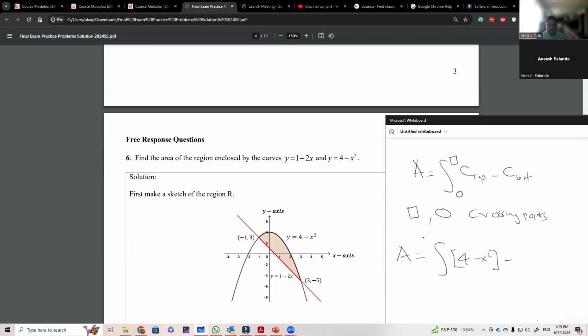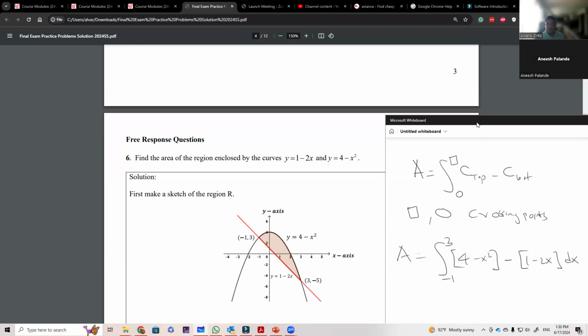Minus, and then 1 minus 2x is the bottom. And now you've got to look for where those points are going to cross. So you can see here that they're crossing at -1 and 3. And that is because you can see it graphically here.